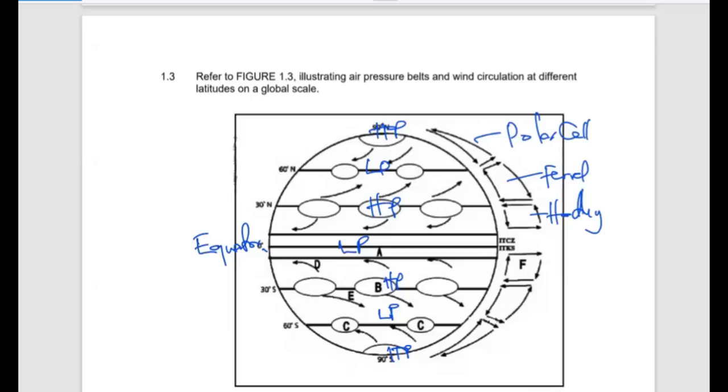We also need to look at the planetary winds which result from this. Remember we said that to understand the planetary winds, we need to analyze the Coriolis effect. There is what we call Ferrel's law, which explains the effect of Coriolis on winds in the southern and northern hemispheres.